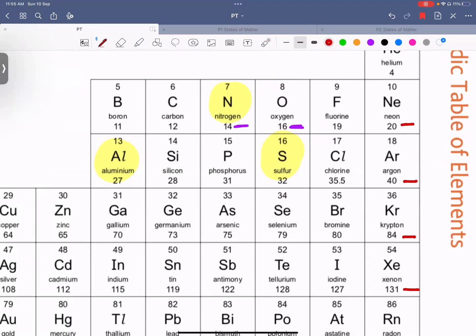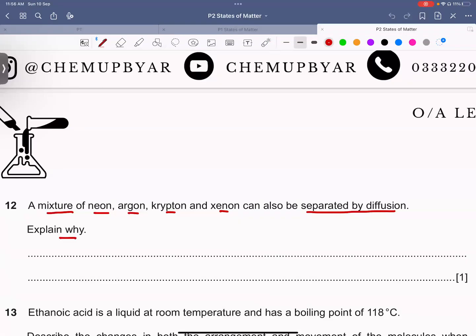Each gas has a different relative molecular mass, so each gas is going to diffuse at a different rate. As a result, the particles of neon, argon, krypton, and xenon would be separated from each other. Is it understandable?